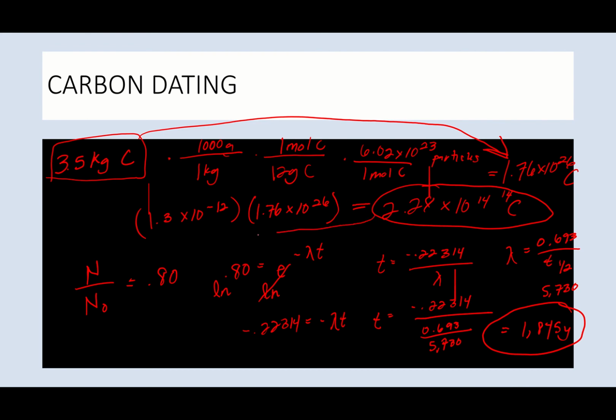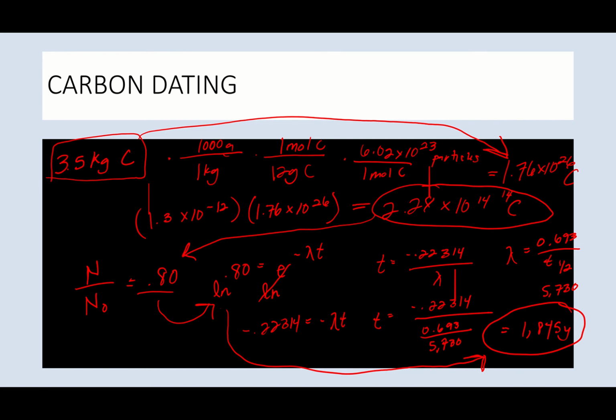When we actually measure it and we come up with an actual value, we can use this equation to find out how old something is. The reason we can do this is because if you are no longer eating anything, so you're obviously dead, that means that the carbon-14 in your body is no longer constantly being replenished, and so when you die, you have a fixed amount.